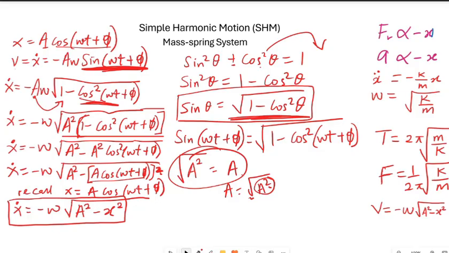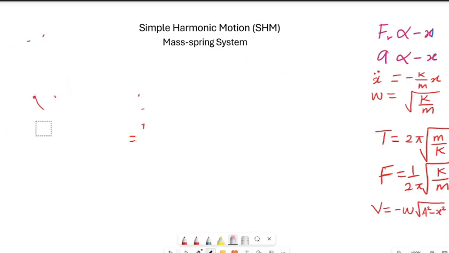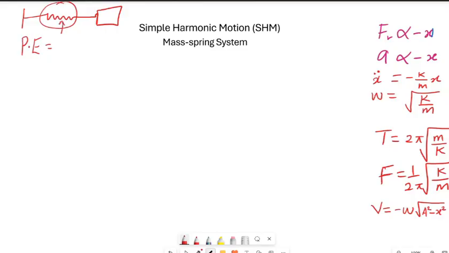Now let's talk about the potential energy and the kinetic energy, likewise the total energy. If you recall from our spring concept, potential energy is the energy stored in the spring, which is our work done.